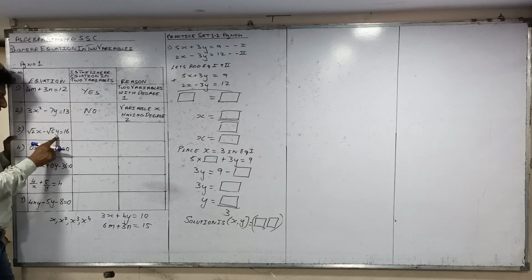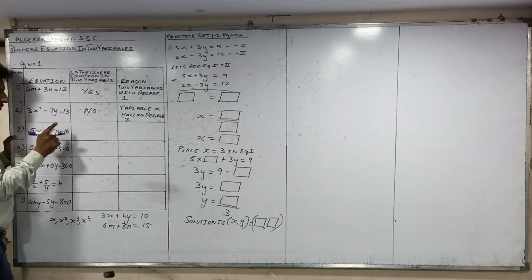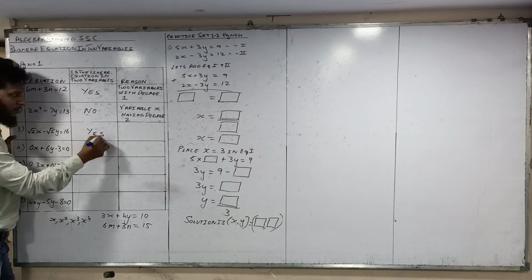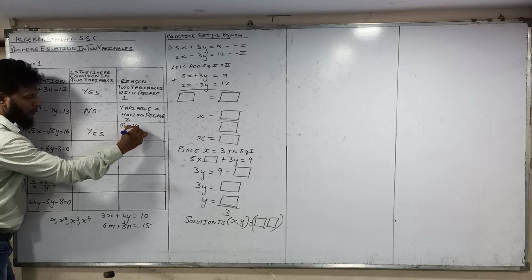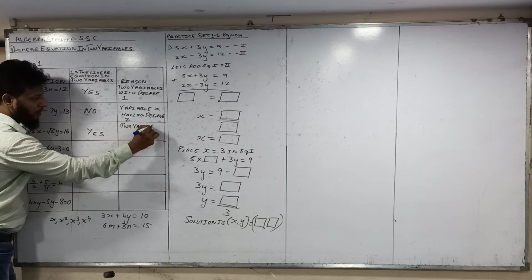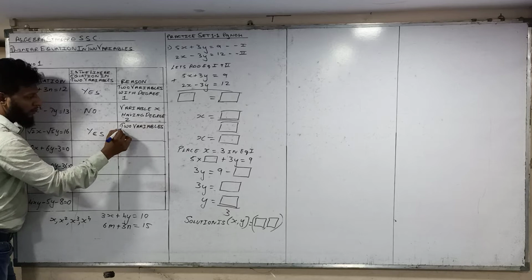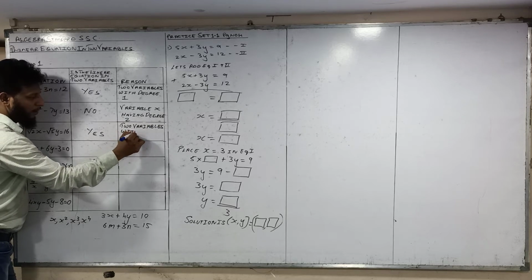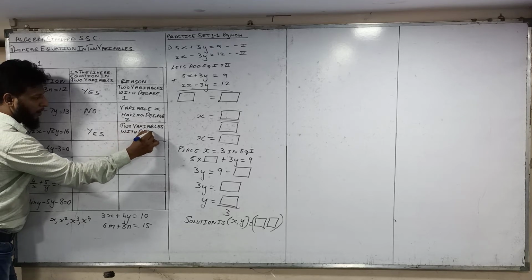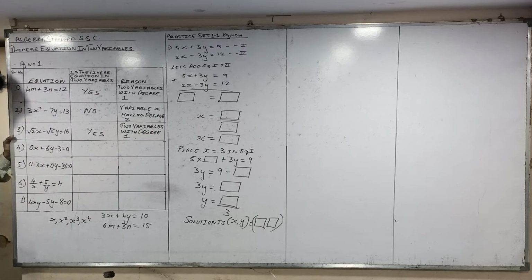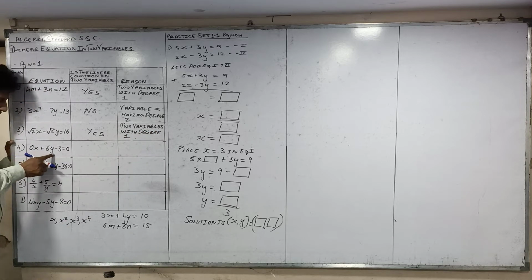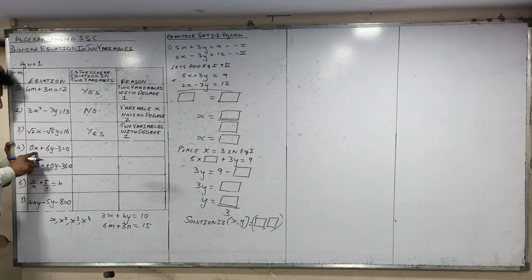In this, see the variables x and y have degree 1. So yes, we have two variables with degree 1. Here also two variables, but 0x means 0 multiplied by x makes anything 0.